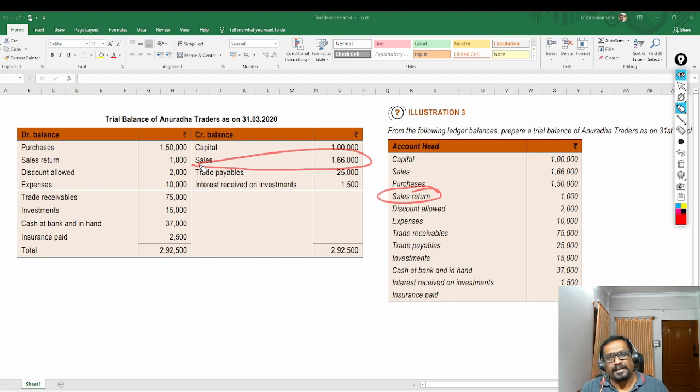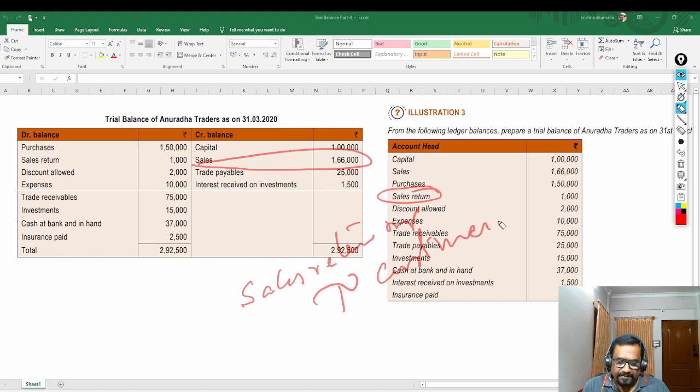You tell me. Sales returns account debit, customer account credit. This is the entry. So for the sales return account, what are we doing? We are debiting. So the sales return account will have a debit balance. See here, the sales return account is debit.